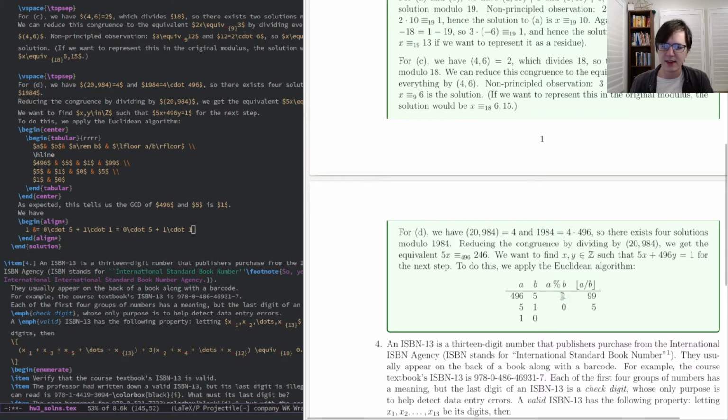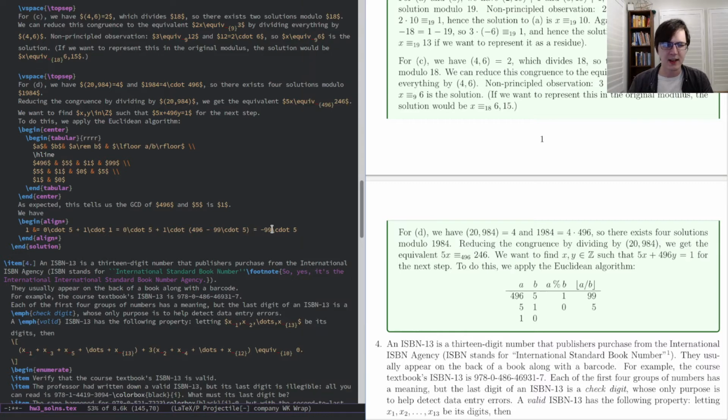It's this remainder, which is 496 minus 99 times 5, which is equal to minus 99 times 5 and 1 times 496.